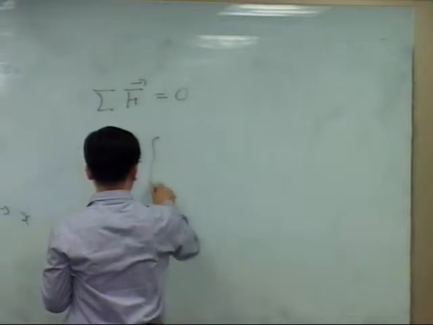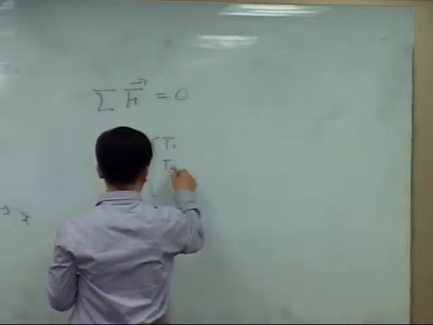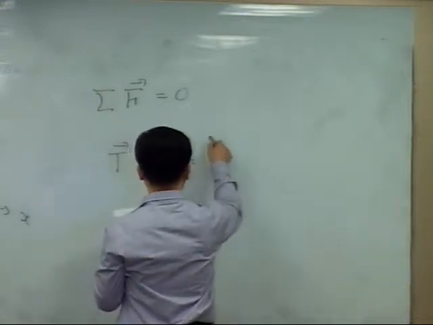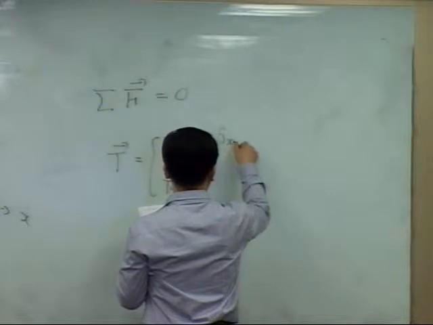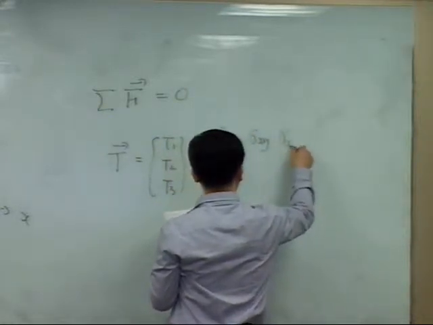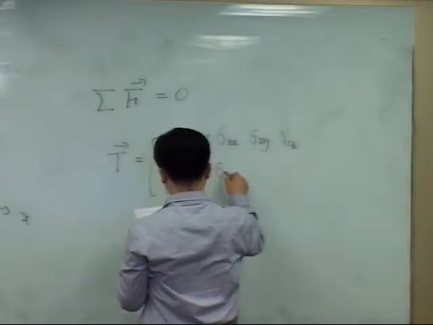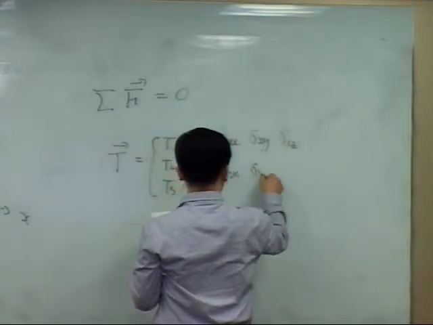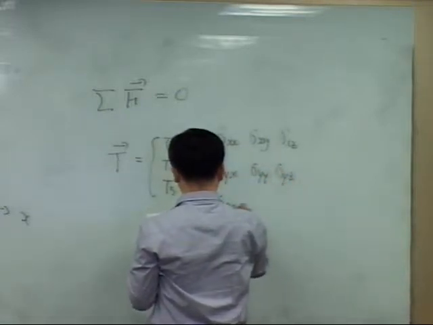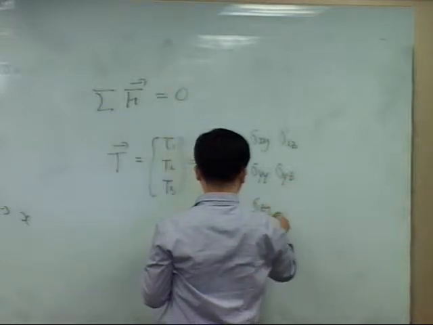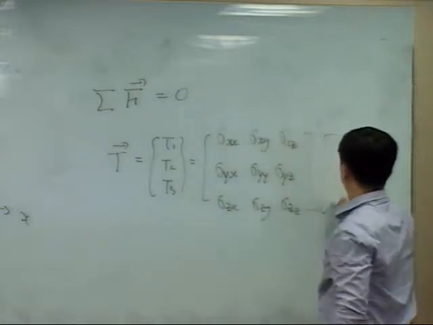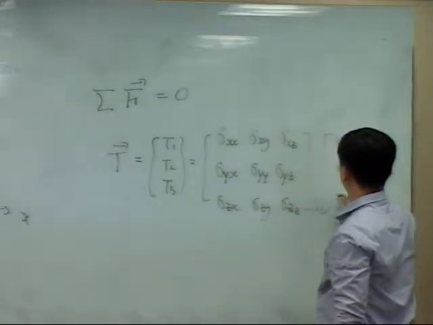T is a vector, T1, T2, T3, equal to the matrix stress xx, stress xy, stress xz, stress yx, stress yy, stress yz, stress zx, stress zy, stress zz, times n1, n2, n3.